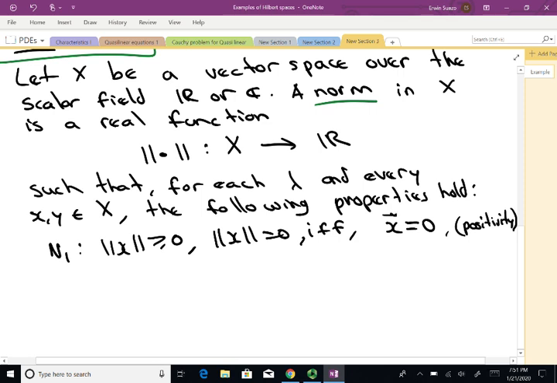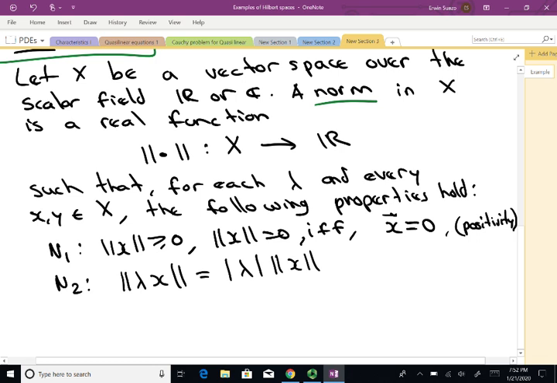Property 2 of the norm says that if you have a scalar times the vector, that gives you the absolute value of the scalar times the norm of the vector.